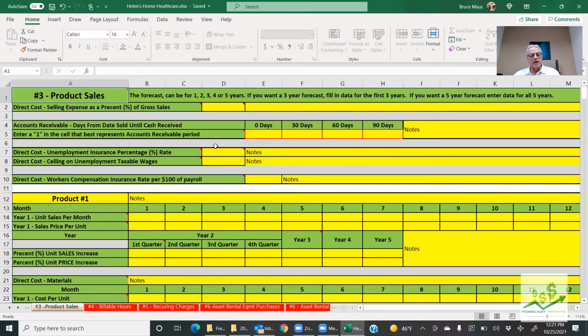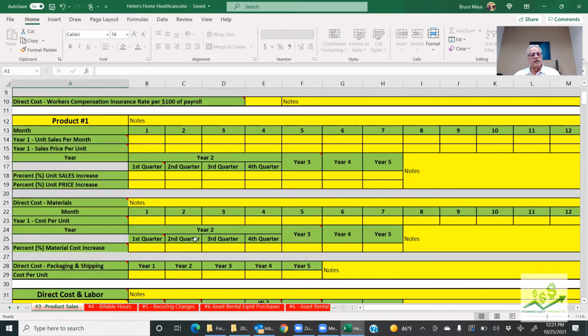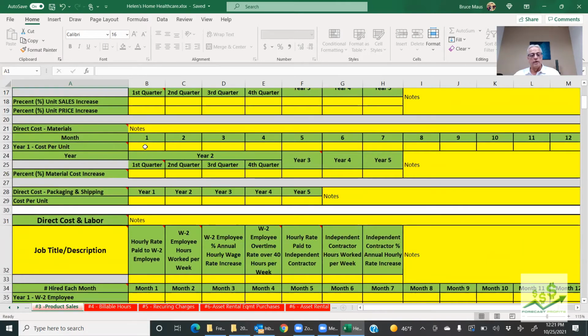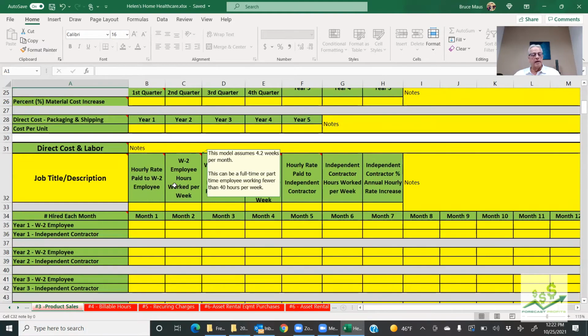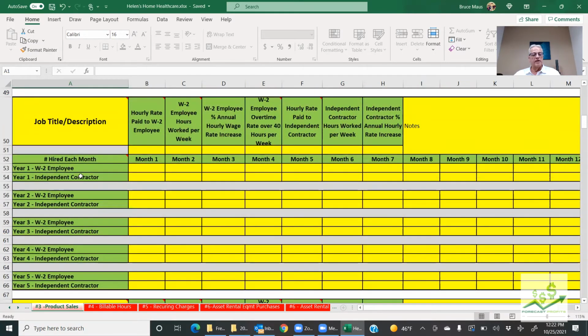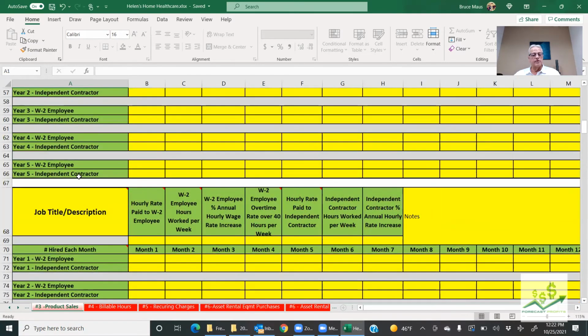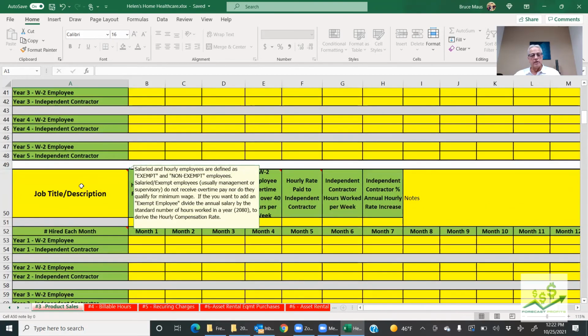We have the same typical payroll costs, but there is an allowance for many different products, and you can indicate what the unit sales price is per month and the number of units sold, and how the sales price increases. And under direct costs, you can input what the direct cost is per unit, and you also have the ability for many different job classifications or descriptions assigned to that particular product.